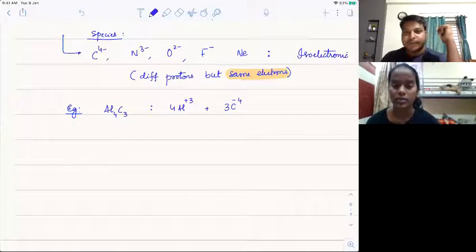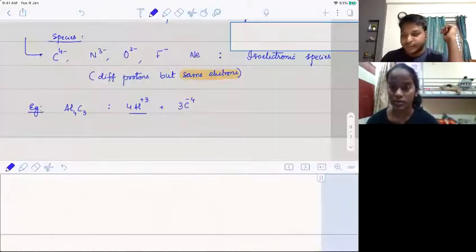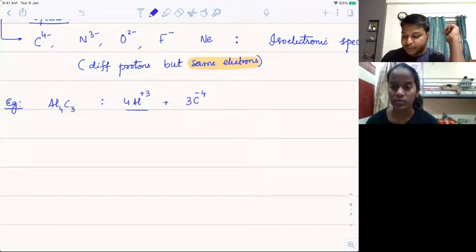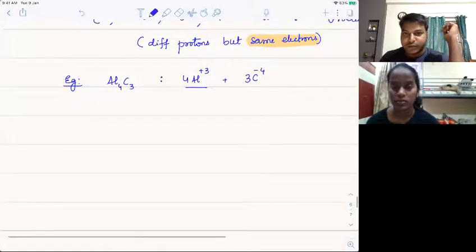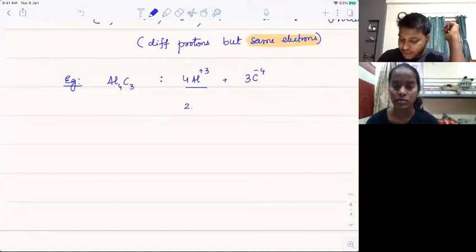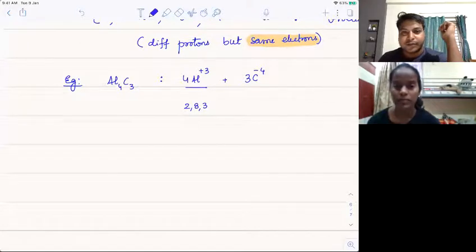Is this clear? Here, aluminium is also completing its octet. Why is aluminium completing its octet? If I recall, aluminium's atomic number is 13, so its configuration is 2, 8, 3.